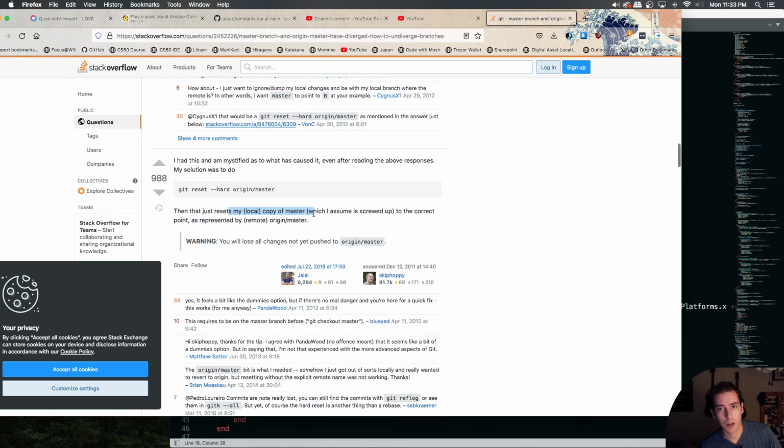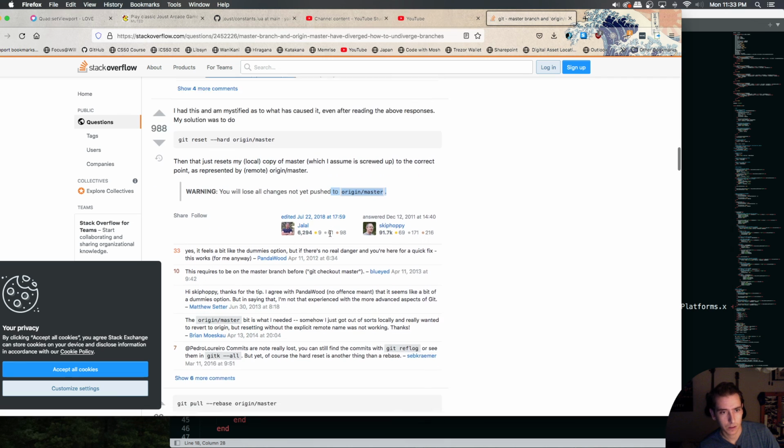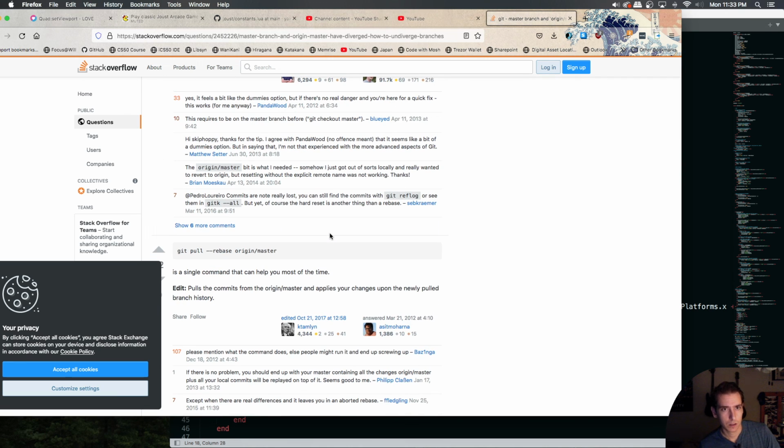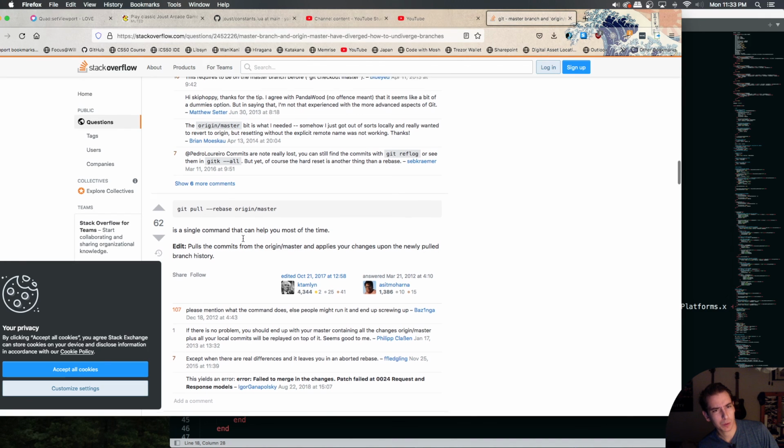Resets my local copy to the correct point. See, I don't want that at all. Git pull --rebase is a single command that can help you most of the time.